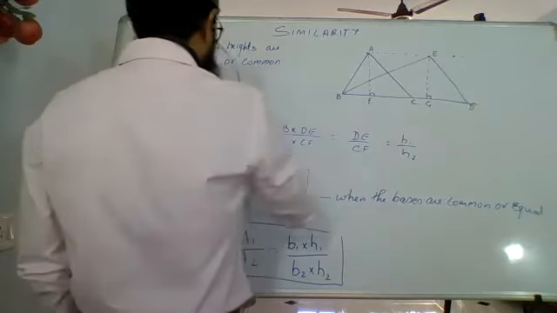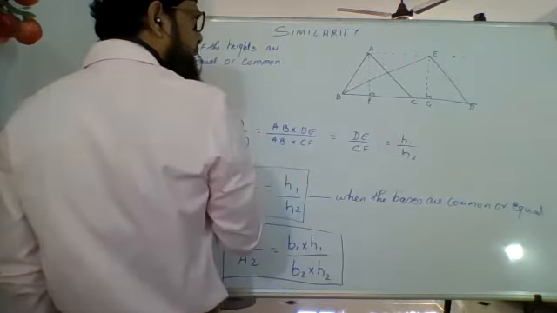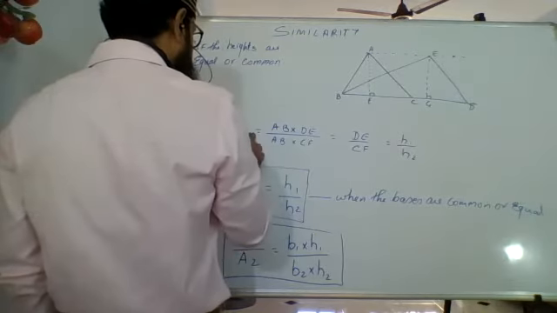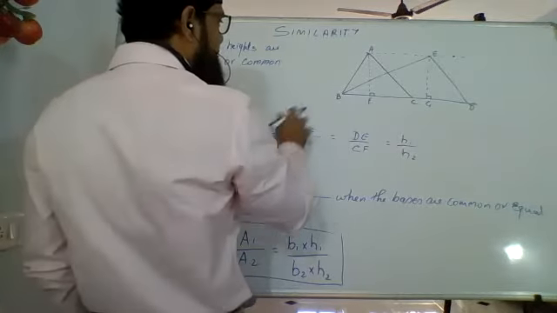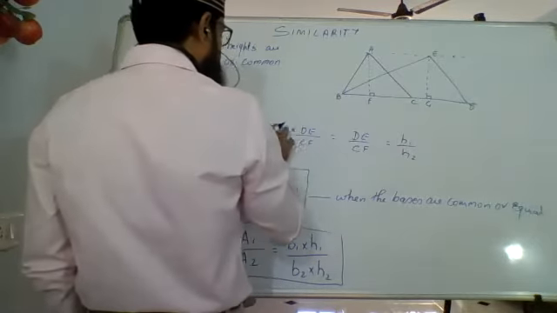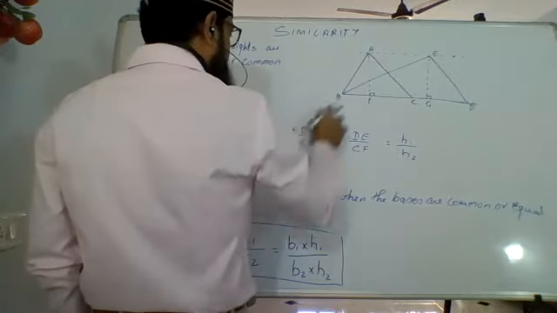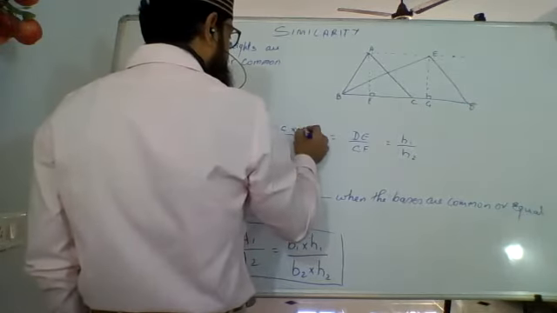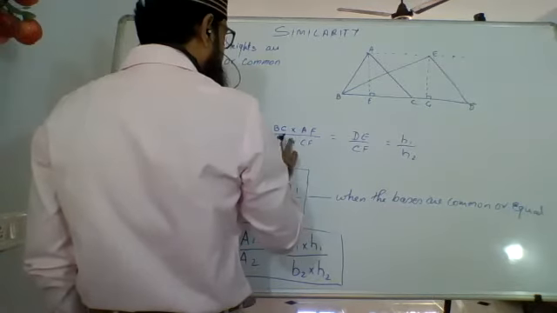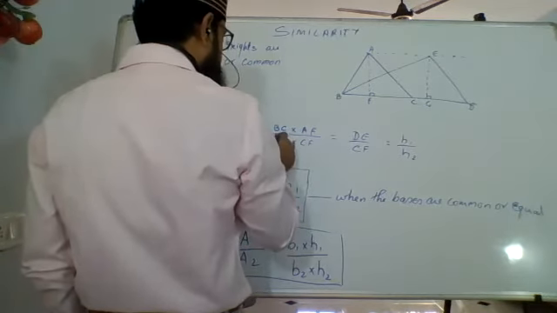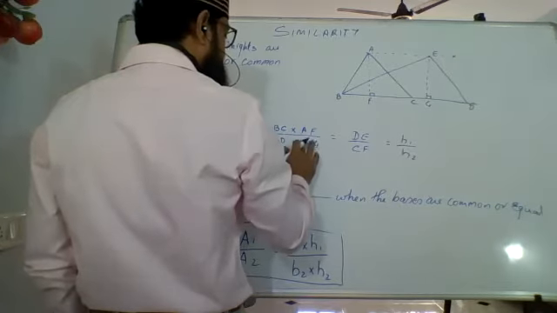So we have area of triangle ABC upon ABD. The base in this case is BC into AF, and here it is BD into EG.